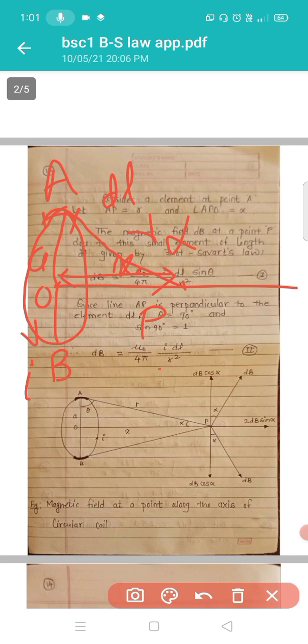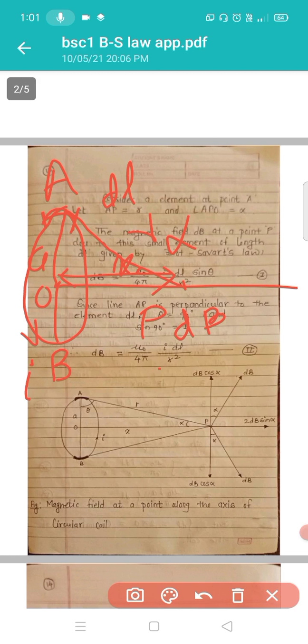See in figure. The magnetic field at a point P due to this small current element of length dl is given by the Biot-Savart's law. Okay, understood?